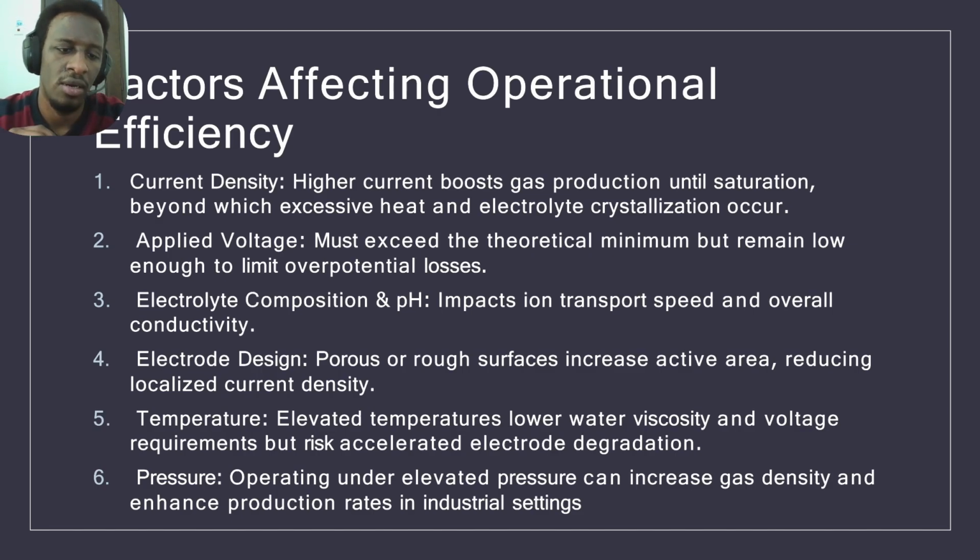Fourthly, the design of the electrode: porous or rough surfaces increase active area, reducing the localized current density. Fifth, the temperature. Elevated temperatures lower the water viscosity and voltage requirements, but risk accelerated electrode degradation.